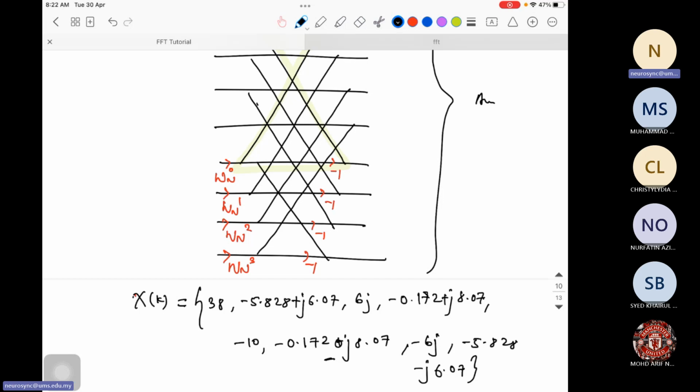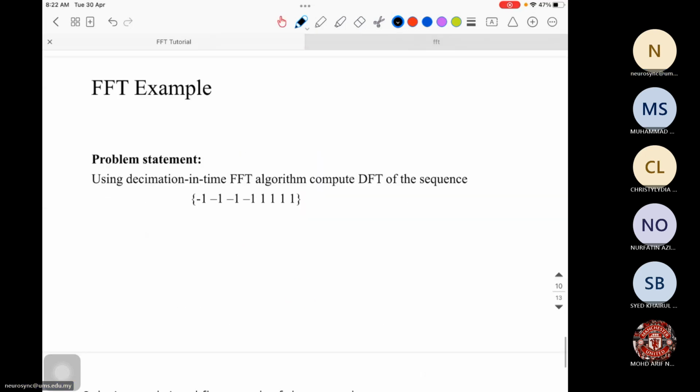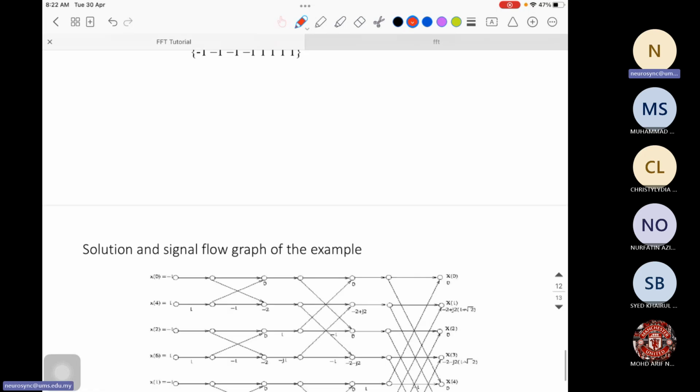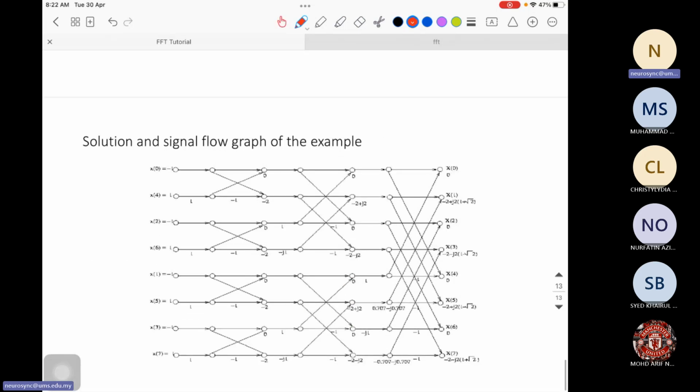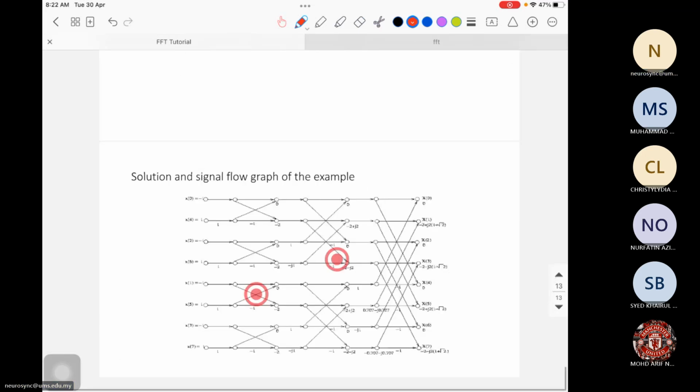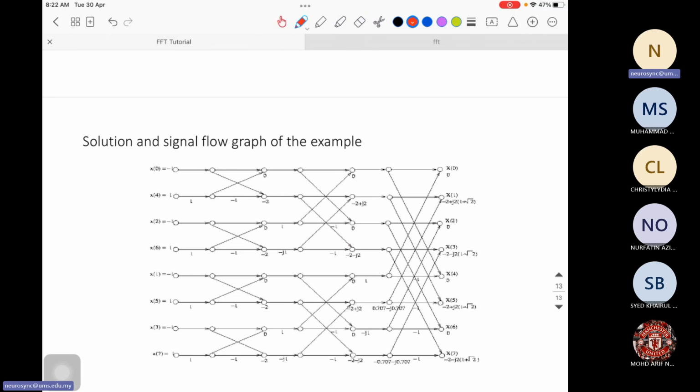Okay, and there is one more problem. This is also a homework problem for you. The answer for this is given in this flow chart. So the overall flow chart will be like this. Similarly, you can draw the overall flow chart for the 4-point DFT, the first example we have done.